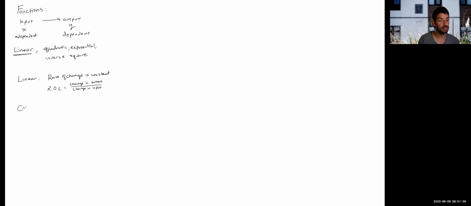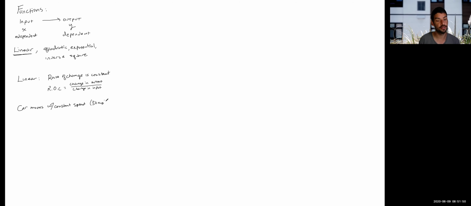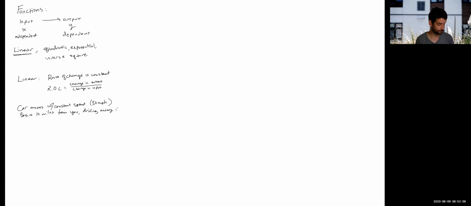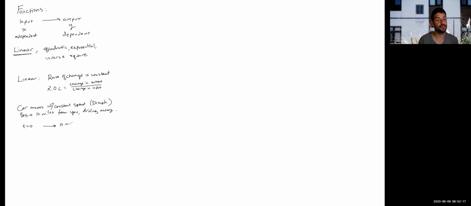Here's an easy example of a linear relationship. If a car moves with constant speed, let's say 30 miles per hour, and let's say it begins 10 miles from you, and it's driving away in a straight line. So at time 0, the car is 10 miles away from you.